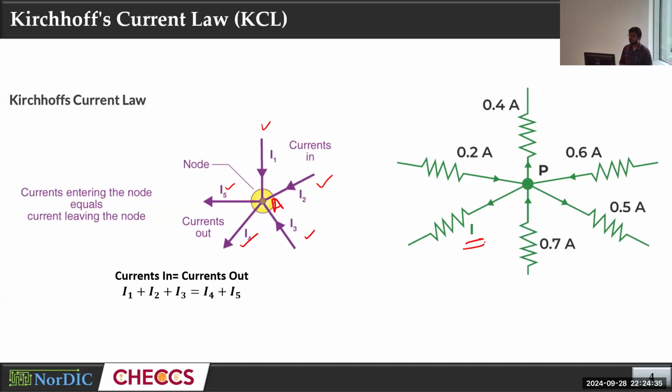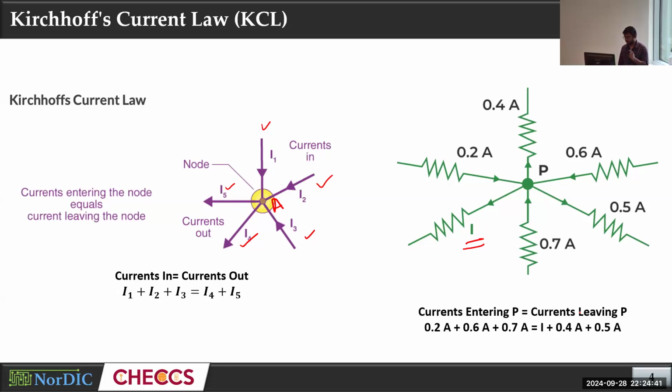Is it 0.6 amps? Yes, that's right. So let's see how we can actually do that. As I mentioned, currents entering P will be equal to currents leaving P. So let's find out the currents that are entering. Look at the arrows here. This one is entering, this is also entering, and this is also entering.